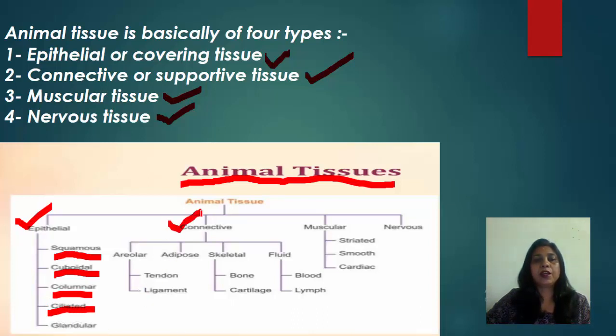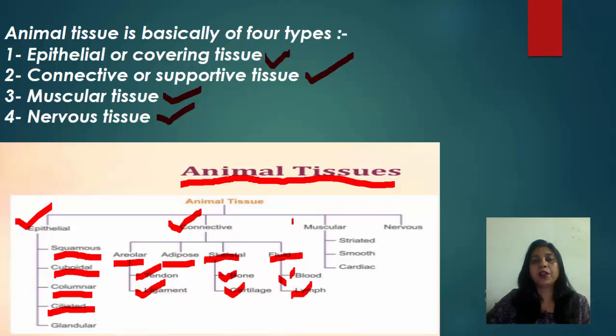In the same way, connective tissue is divided into areolar, adipose, skeletal and fluid connective tissue. Areolar connective tissue is further subdivided into tendons and ligaments, and the skeletal tissue is divided into bone and cartilage, and the fluid connective tissue is divided into blood and lymph.